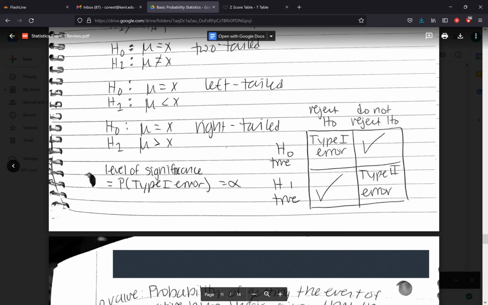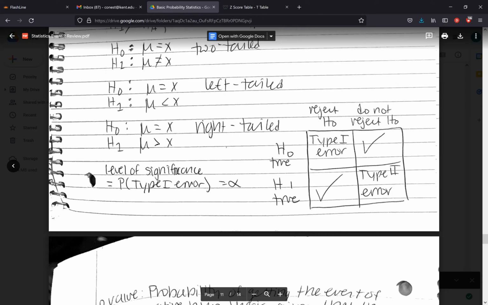And we have type 1 and type 2 errors, as we've discussed. The type 1 error is also related to the level of significance, alpha. Alpha is the probability of getting a type 1 error.